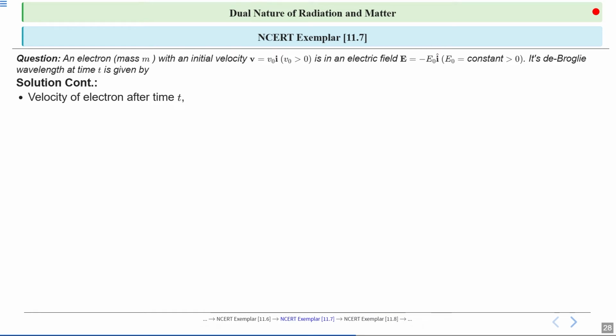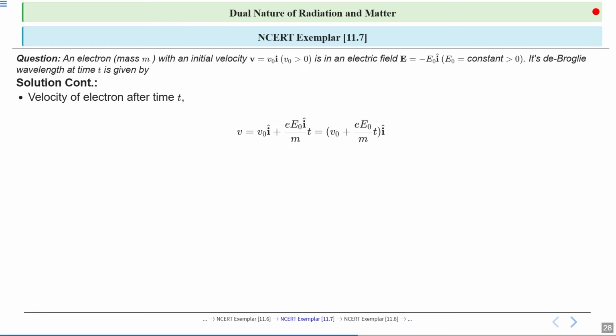Okay, so let's determine the electron's velocity after some time t. We know the initial velocity, so we'll find the velocity of the electron at time t. Here we will use the first equation of motion, v equal to u plus at, where u is the initial velocity, which is v naught i cap, a is the acceleration, e capital E naught i cap upon m, and v is the final velocity.